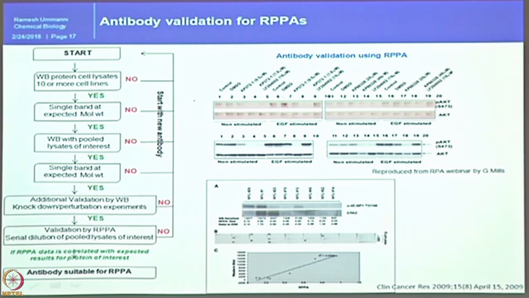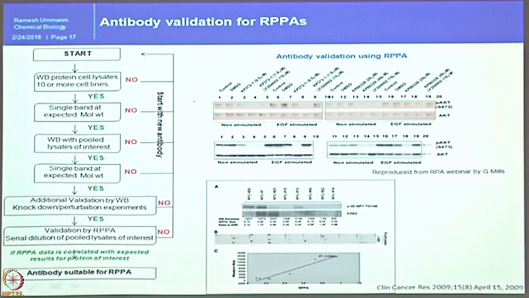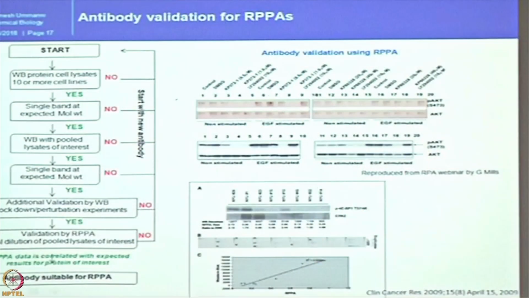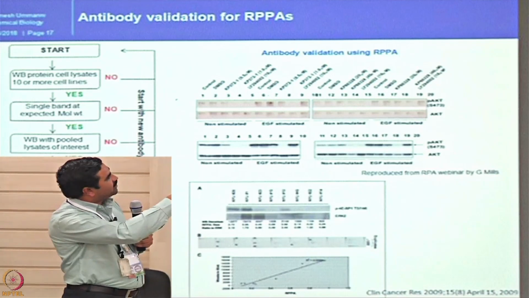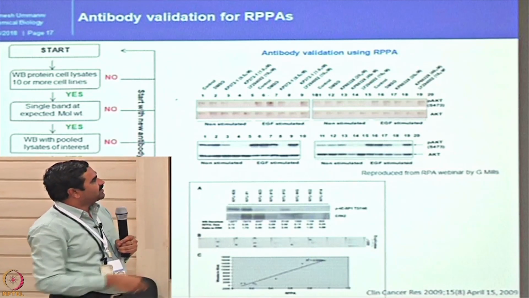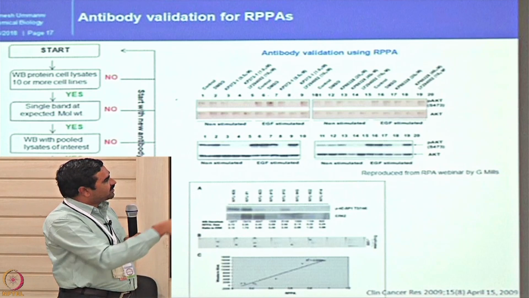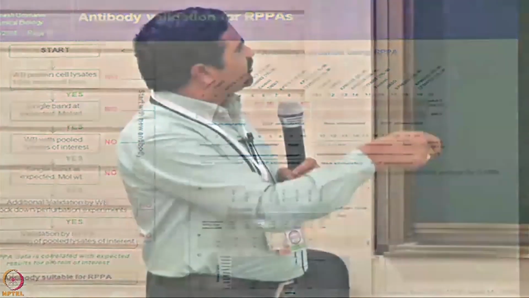So, it is clearly understood that the community accepted that RPPA data will correlate with Western blot data, so it is useful to validate a large number of proteins in a smaller quantity of samples. Here, the group of Gordon Mills from MD Anderson spotted serially diluted tumor lysates, did Western blots and normalized the data. This is the outcome. So, now we have antibodies suitable for the reverse phase protein array approach.